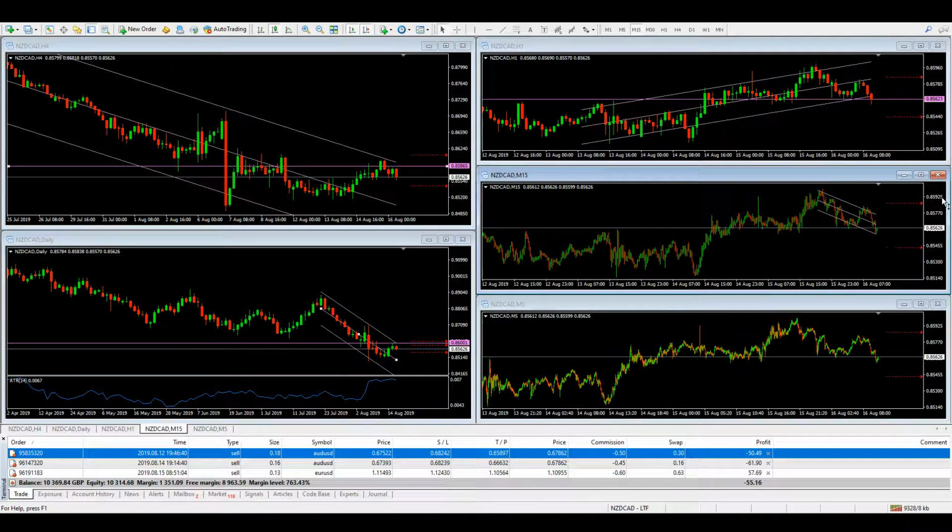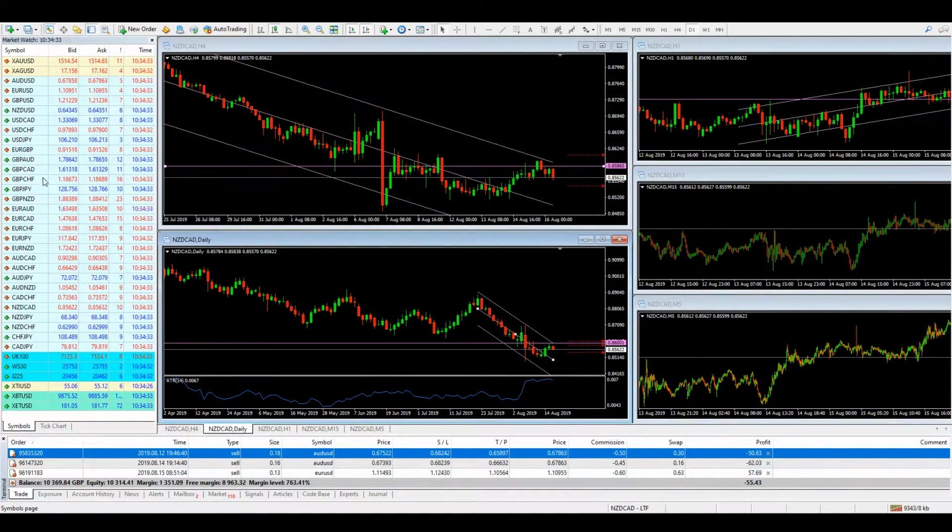So yeah, if I were to trade today, this would probably be one that I would keep my eye on over the next few hours, just to see if there's resistance, and a stop above this level here with a 1-to-1. I would also check what the swap is on this, because there's a good likelihood that you may stick with it over the weekend and you're paying a swap.